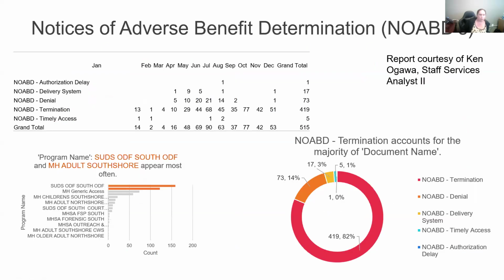For notices of adverse benefit determination, we have generated a ton over the 2024 calendar year. Ken has reported that we generated a total of 515 notices of adverse benefit determination, with the primary topic being termination, and the heavy hitters with regard to who's generating those NOABDs are our SUDS South Shore and our mental health adult South Shore.